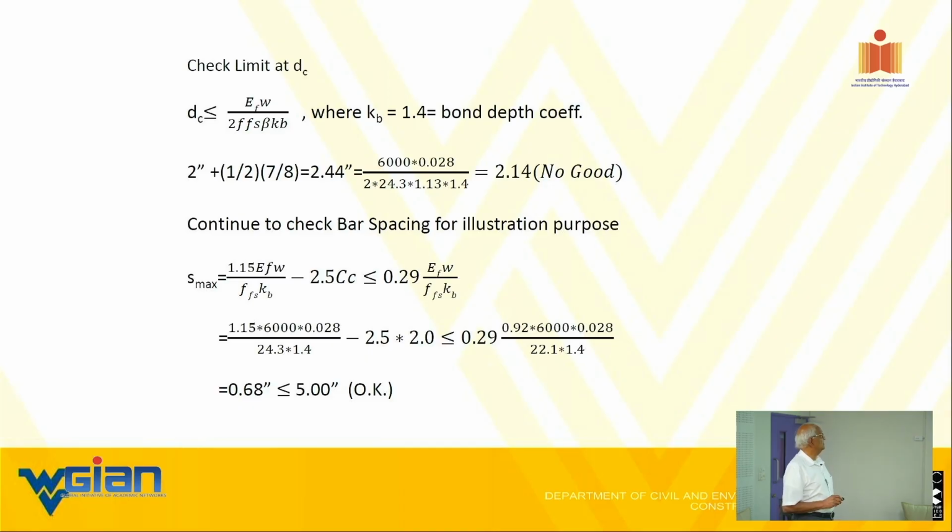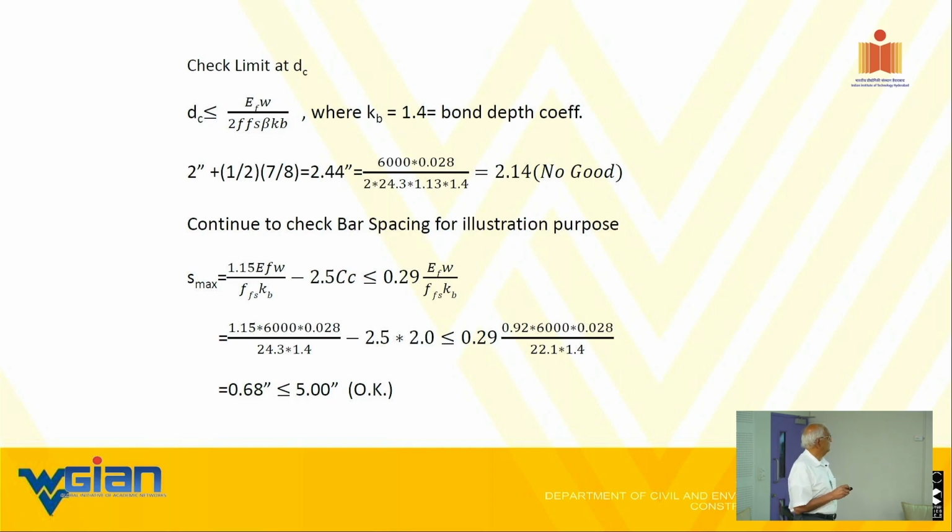That's the limit check. I already gave you that equation. I really do not know where they got that equation from, I admit, but that's the equation. And the bond coefficient based on the depth is 1.4. Again, that is an empirical number.